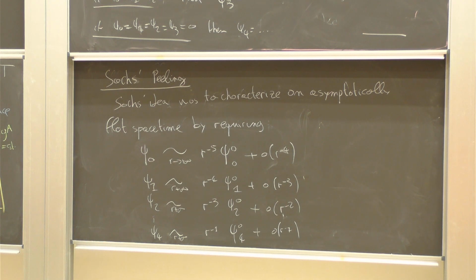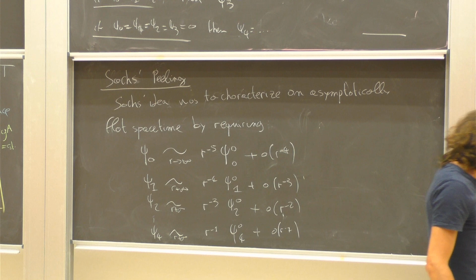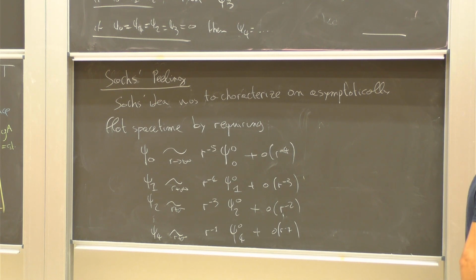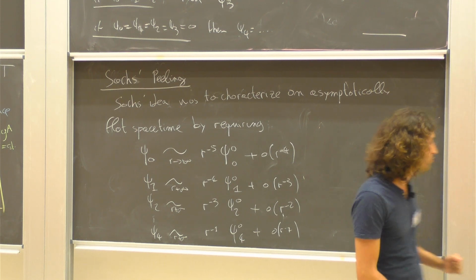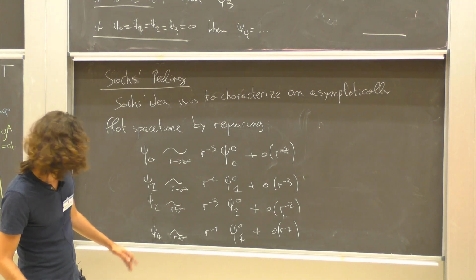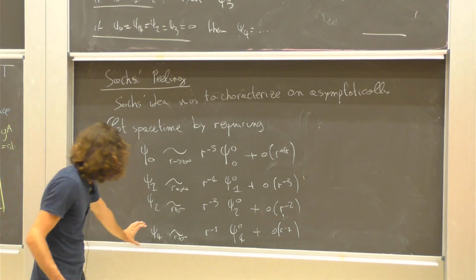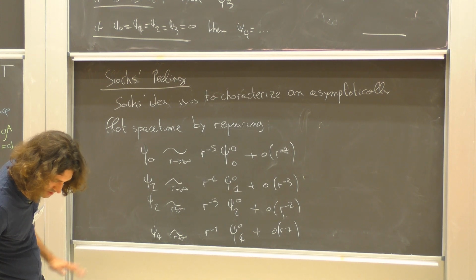One of Sachs' ideas really was that this was imposing some sort of asymptotic exceptional, algebraically special condition on the Weil tensor, what we were discussing before. So this is like asymptotically type N, but I don't have time to discuss this type of intuition or ideas.